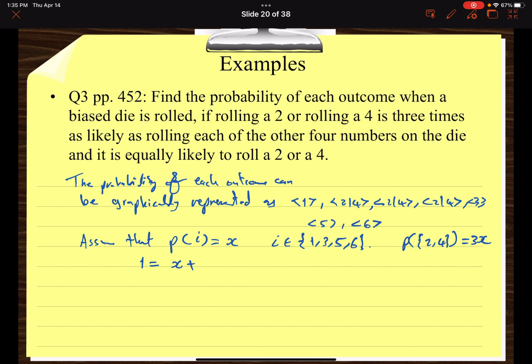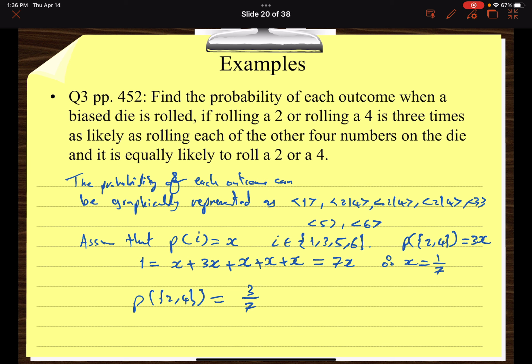So now 1 is equal to x plus 3x plus probability of 3 plus probability of 5 plus probability of 6. Is that right? What does this equal? 7x. So therefore x is equal to what? 1 over 7.